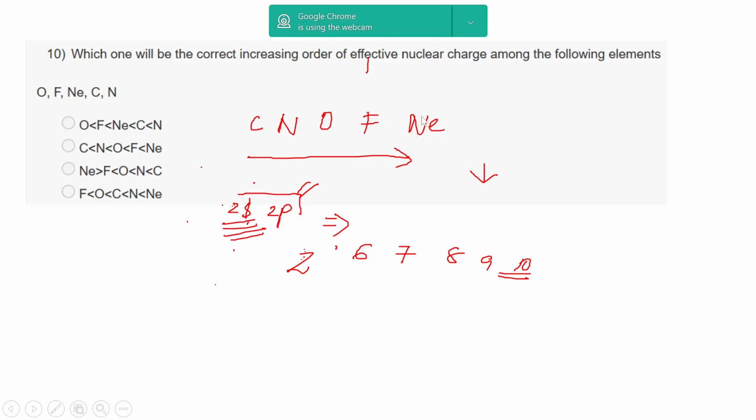Neon has the highest effective nuclear charge, followed by fluorine, oxygen, etc. So option B will be the right answer. Option B is the right answer. Is it clear?